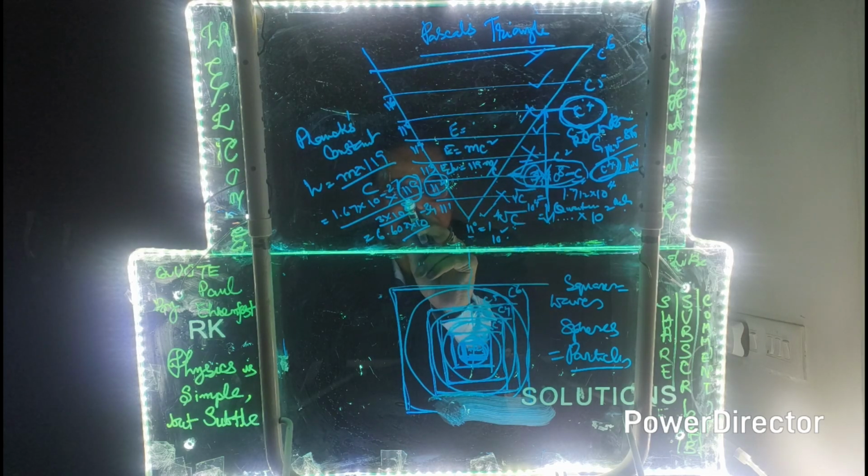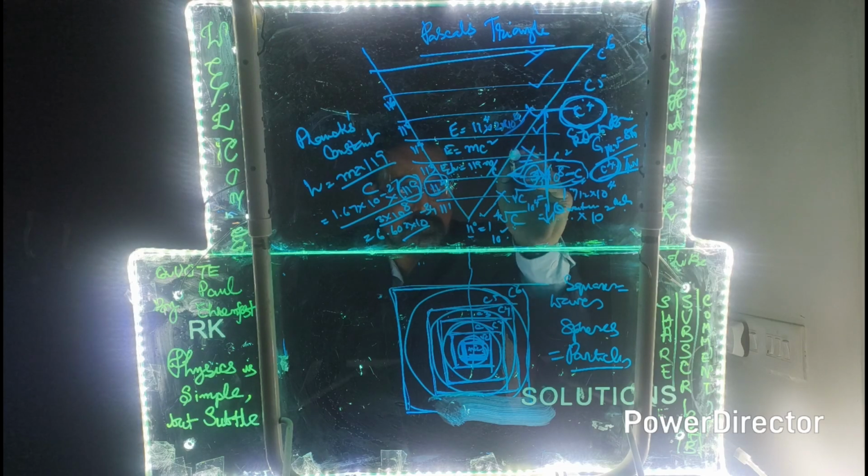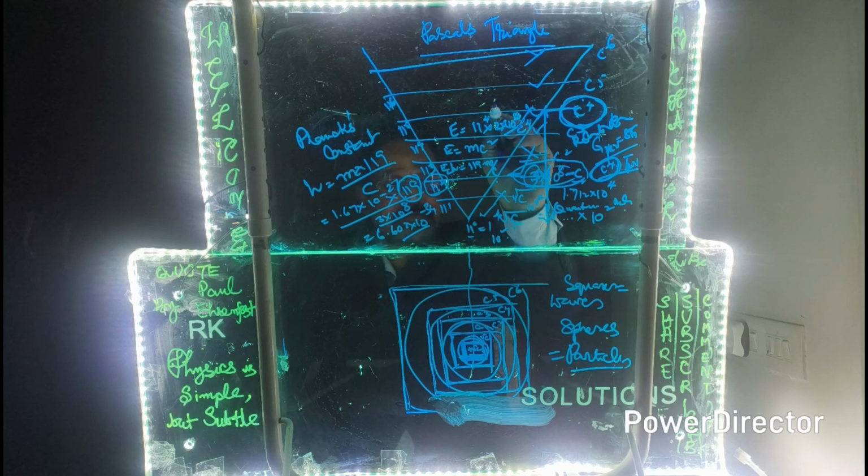And for this, when you come here, what it will do is energy is equal to, this was 11 squared, right? This is 11 squared. This will be 11 raised to 4, into the mass of the sun, which is 2 into 10 raised to 30 kg, which is the weight of our sun, divided by C4. Because these are repetitive phenomena.